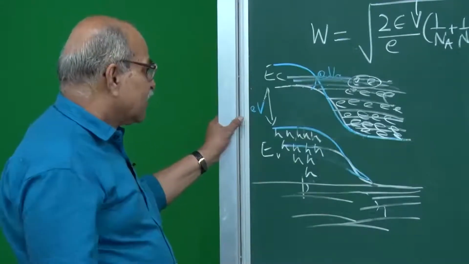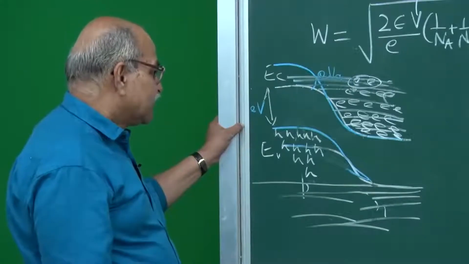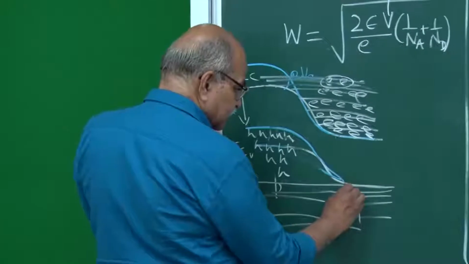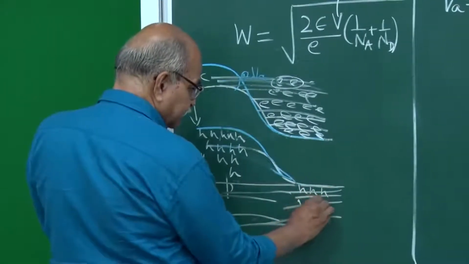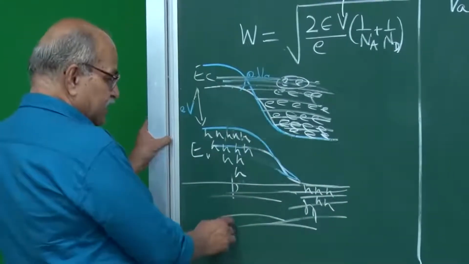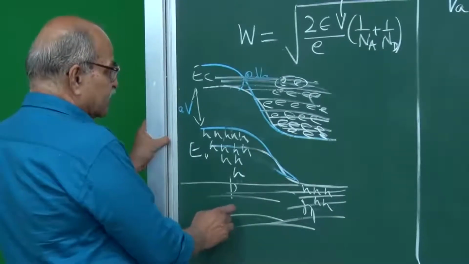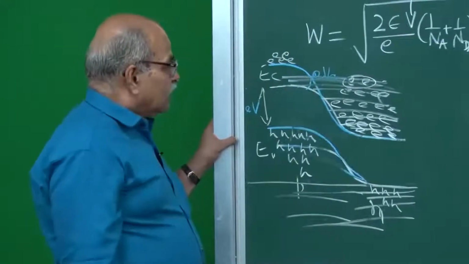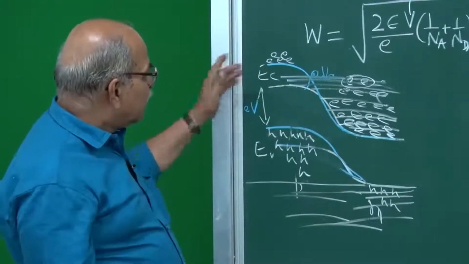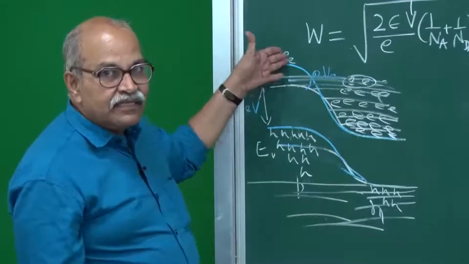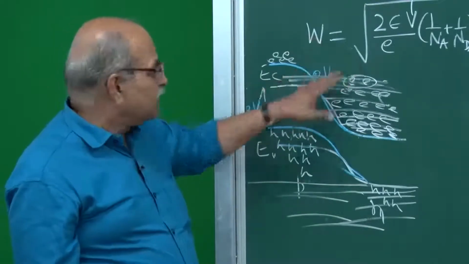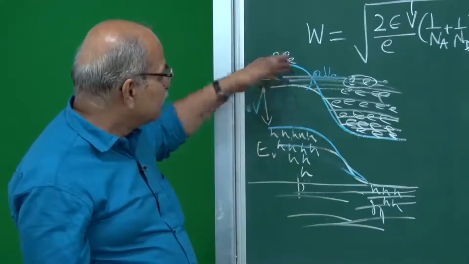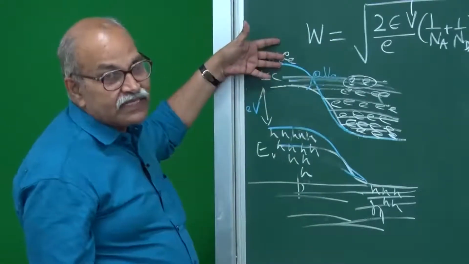Minority carriers. Now look at the minority carriers, what happens? Where are the minority carriers? In n side, the minority carriers are holes. So these are the minority carriers. And similarly here in p side, the minority carriers are electrons. So here are those electrons. And you can see that minority carriers can easily go. Even in reverse bias, even if this EC has gone up here, no problem for these electrons.